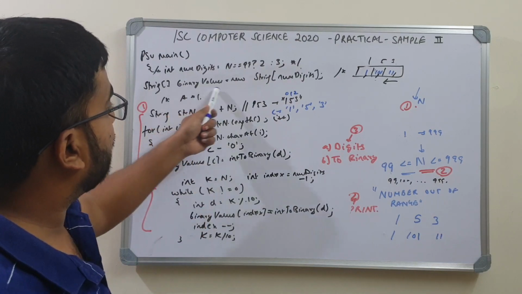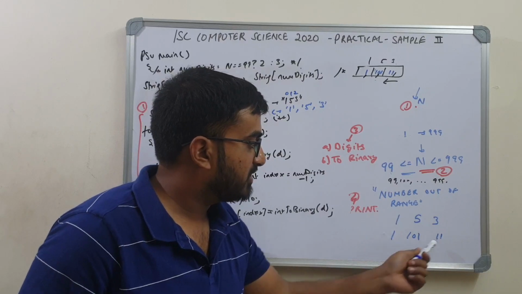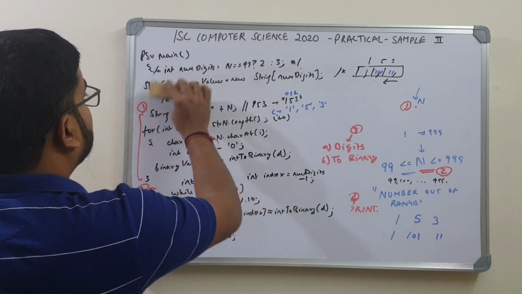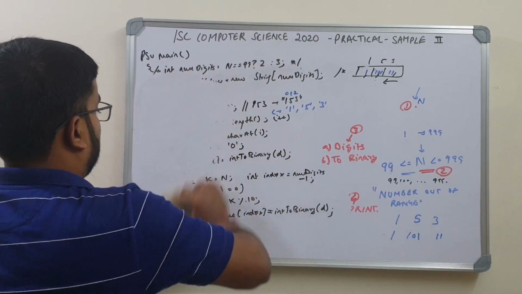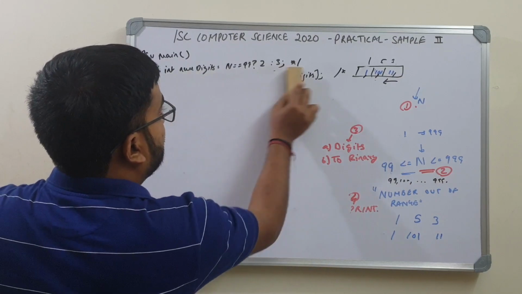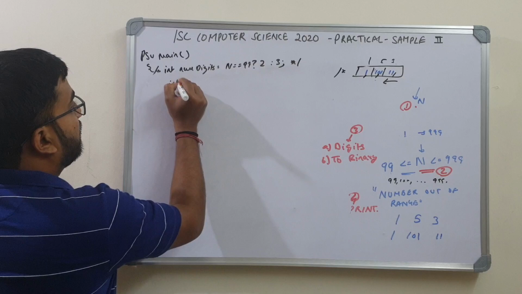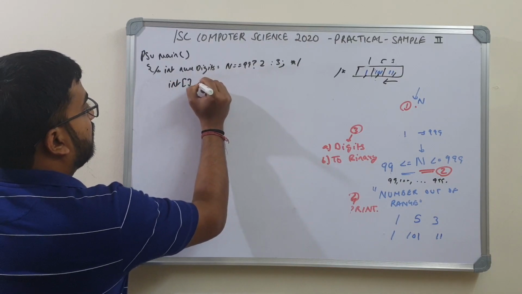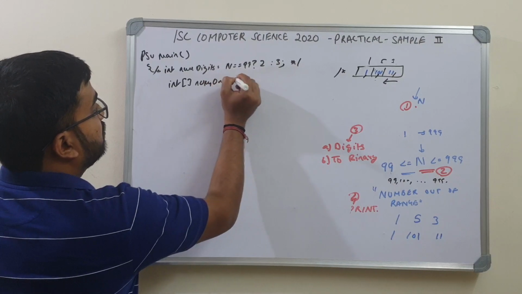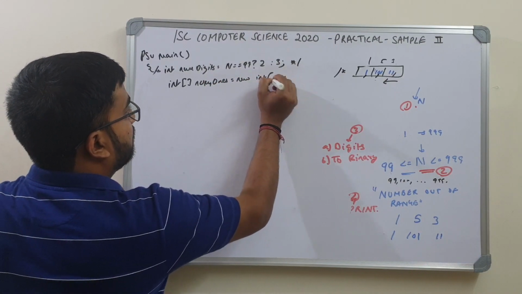So now we have a binary values array that stores the corresponding binary equivalent of each digit. Now we just have to count the ones in each, right? I'm going to remove this. I'm going to take another array, int num ones is equal to new int num digits.